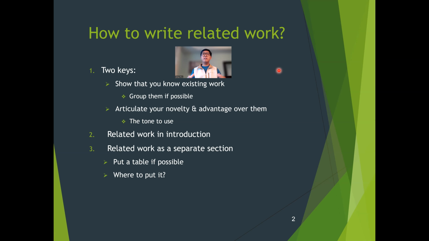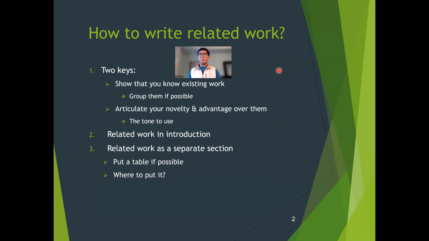Now, when you articulate your advantage over them, be careful about the tone to use. You probably will be tempted to trash existing papers so that you can show that your solution is good. That's not the right strategy, and that's also not appropriate.